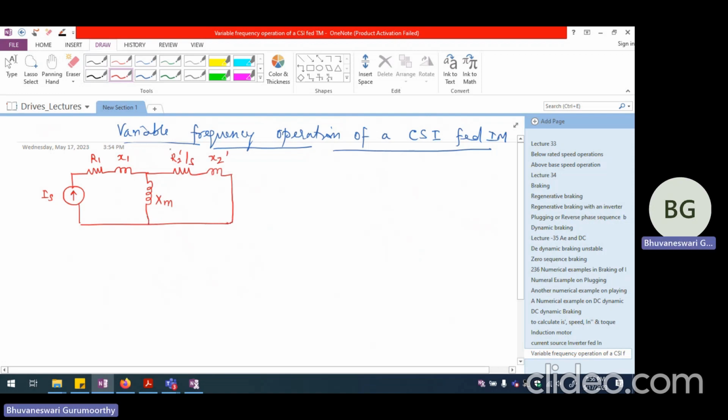Now we wrote the expression for Im. I'm going to write that again. So I can say Im square, which is the current that is flowing through this magnetizing branch, the square of that.